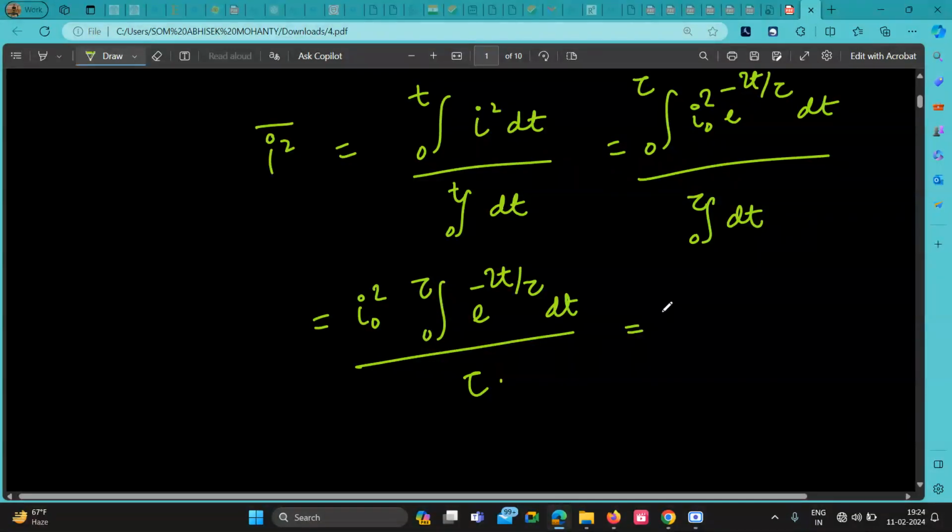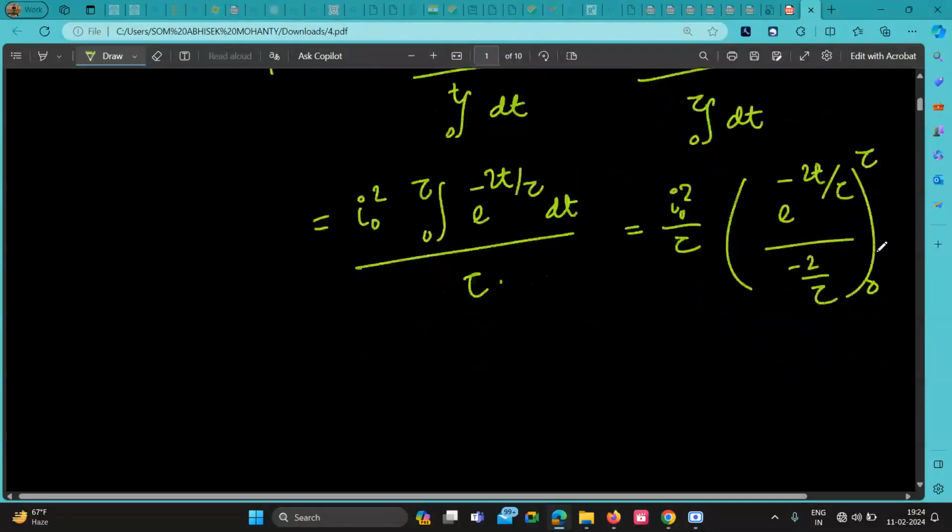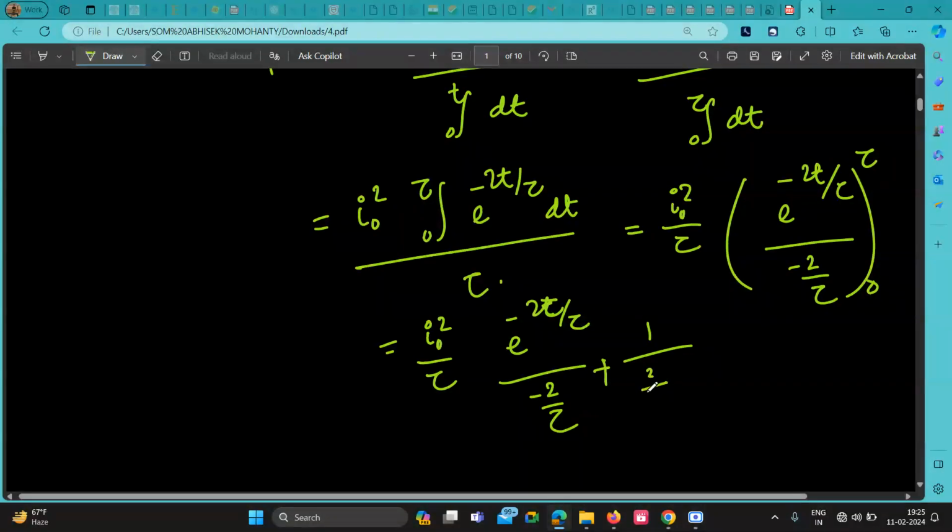So I can write it as I naught square by tau times the integration, which is e to the power minus 2t by tau divided by minus 2 by tau, from 0 to tau.